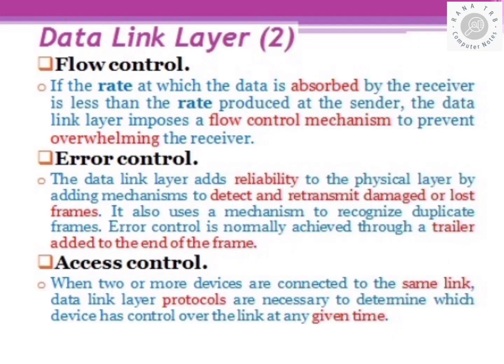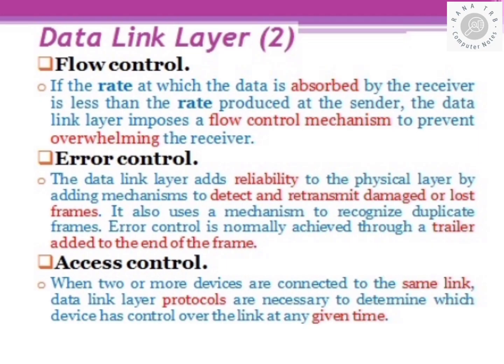Next, flow control. If the rate at which the data is absorbed by the receiver is less than the rate produced at the sender, the data link layer imposes a flow control mechanism to prevent overwhelming the receiver. Next one is error control.